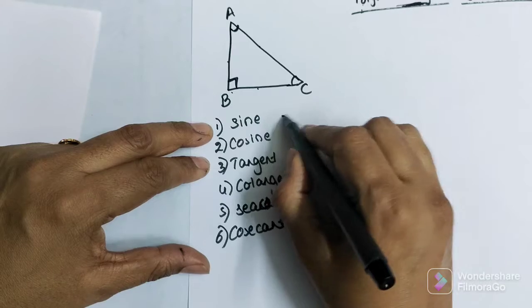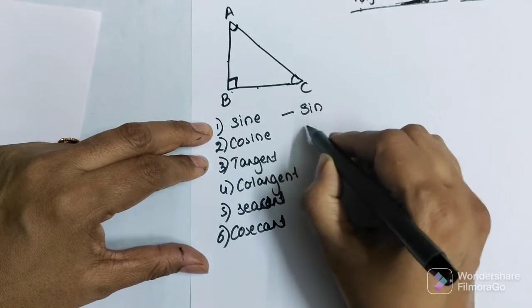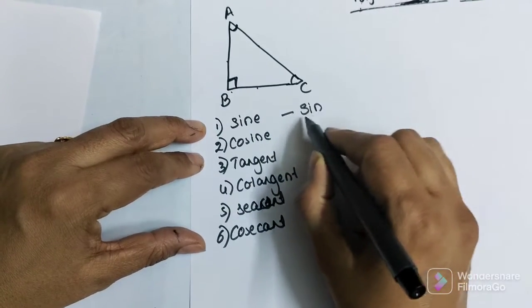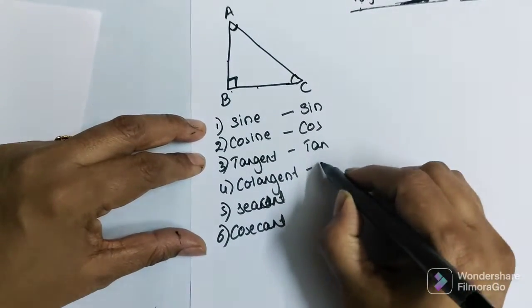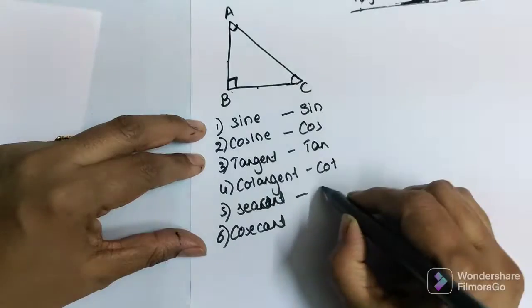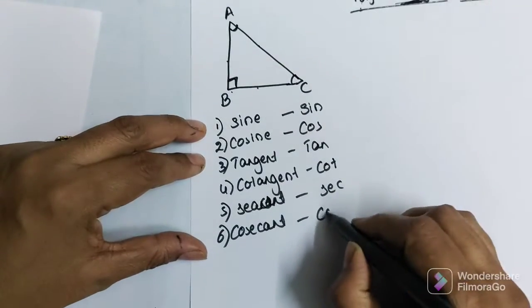The sine we write as sin, but it is pronounced like sine, and these are cos, tan, cot, sec, and cosec.